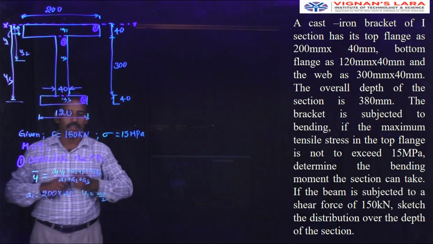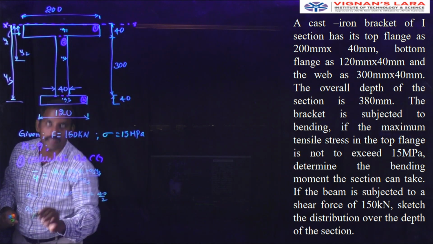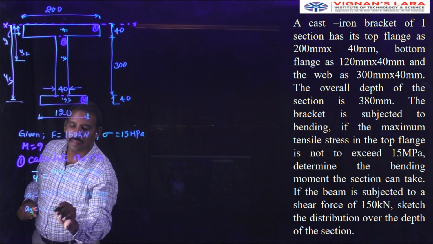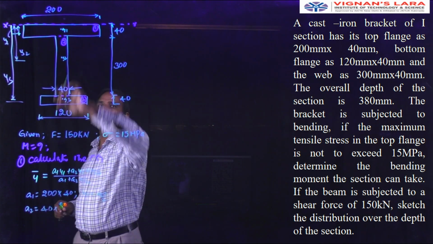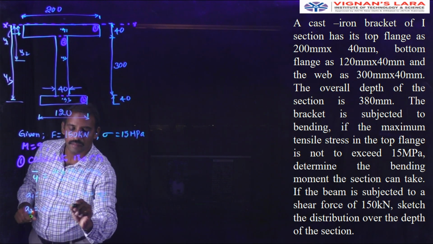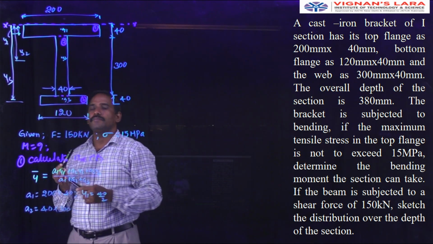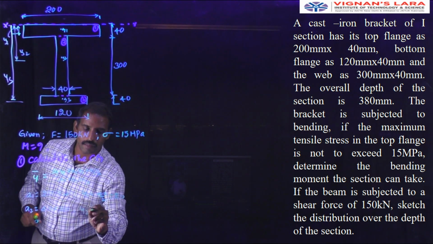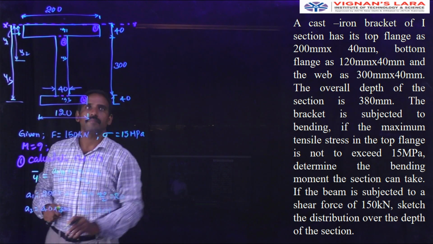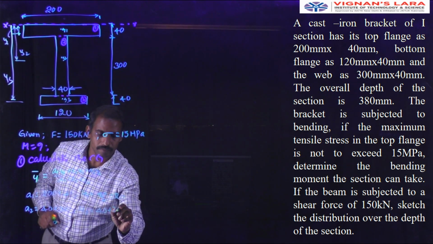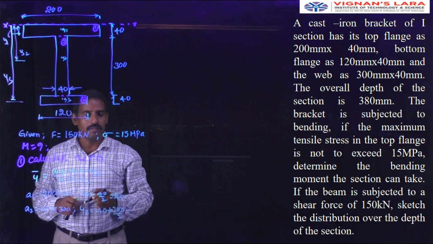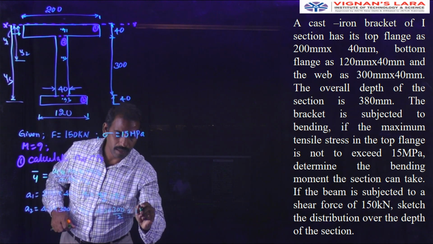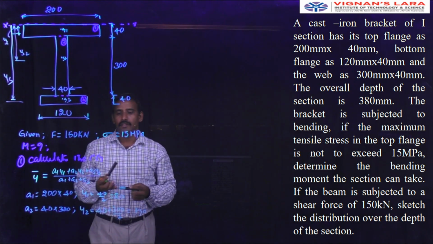The second elemental area A2 is, what about the base of this one? 40 into, what about the depth of this rectangle? 300. Y2 is equal to 40 plus 300 by 2. So simply it becomes 150 plus 40, 190. That is the Y2.